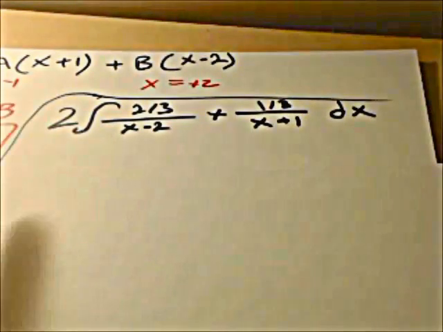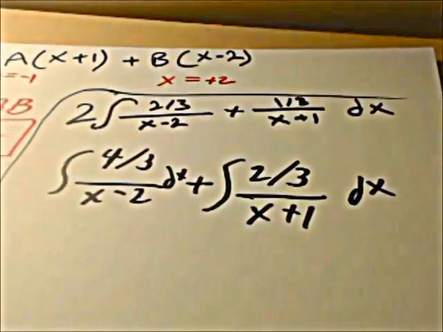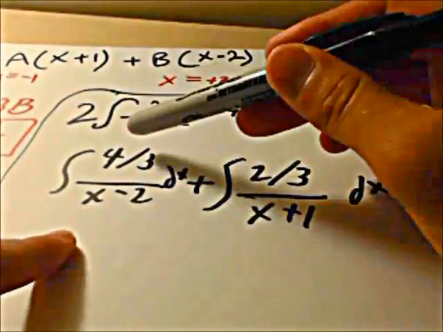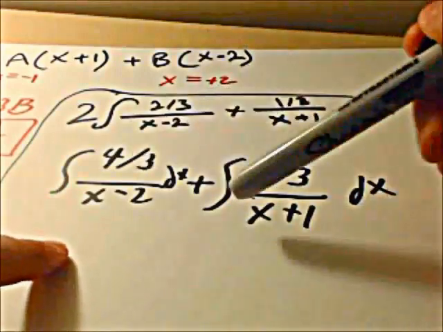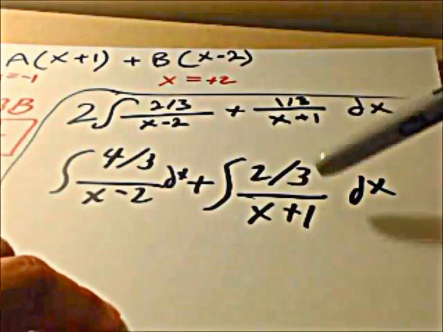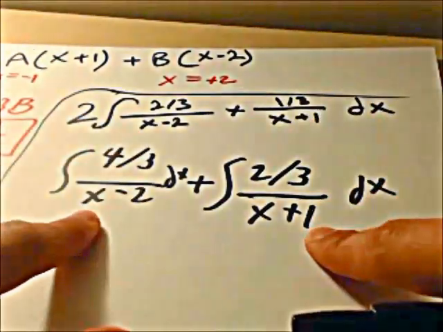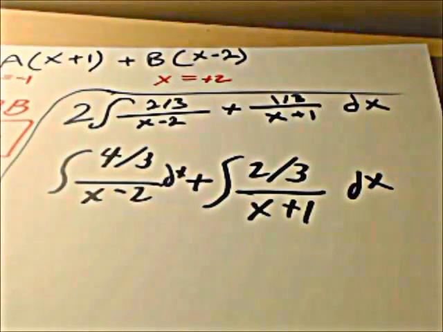Now I'm going to multiply the 2 inside the integral. So we get 2 times 2/3 is 4/3 over x minus 2 dx plus 2 times a third is 2/3 over x plus 1. We're just going to integrate each piece individually. Now it looks a lot easier to integrate.